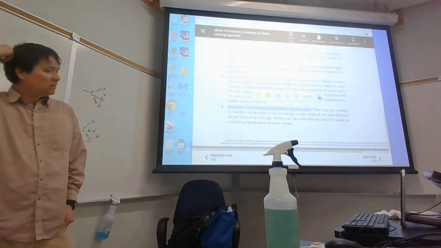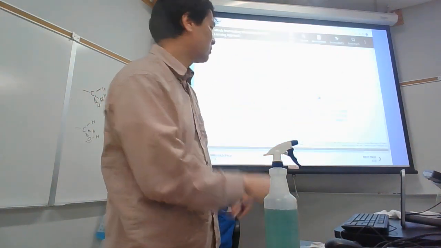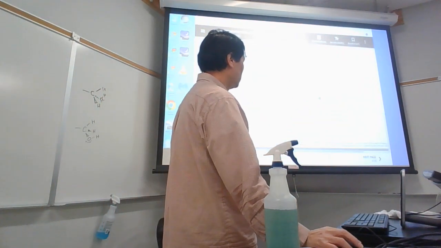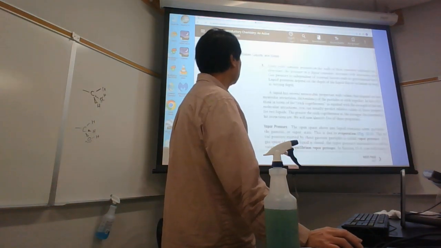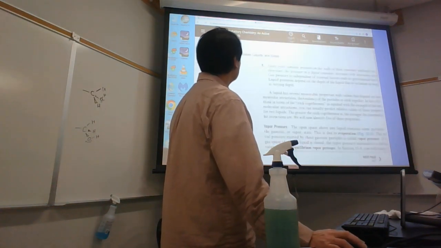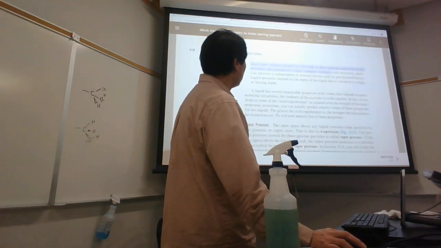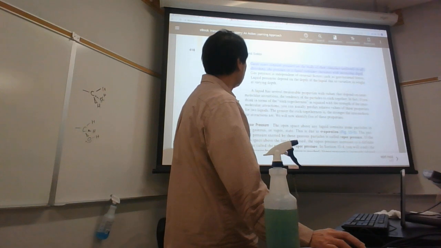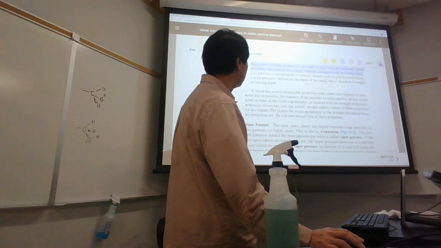But sometimes you don't. Sometimes the way the molecules pack together in a liquid mixture isn't additive. We'll talk about that. Gases exert constant pressure on the walls and uniformly in all directions. Liquids don't. Liquid pressure increases with increasing depth. So the deeper you go, the heavier things weigh.